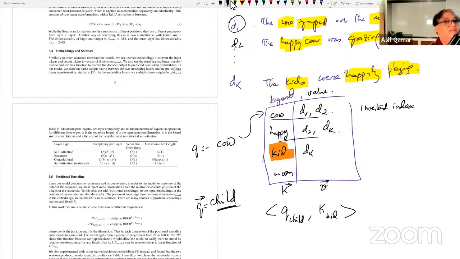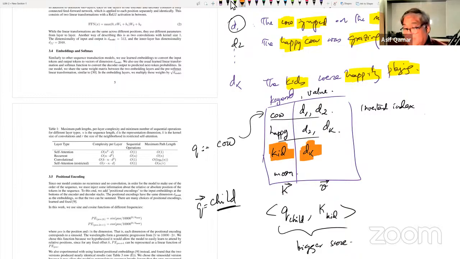By the way, this is my weird way of writing dot products because dots are a little bit hard to see. But would you agree that this should have a bigger score? And so I should pick the value DK with that much more emphasis, isn't it? So I should therefore pick the value of kid much more than I would pick the value of, let's say, cow. But a little bit of contribution comes from everywhere. And therefore, that is the intuition.